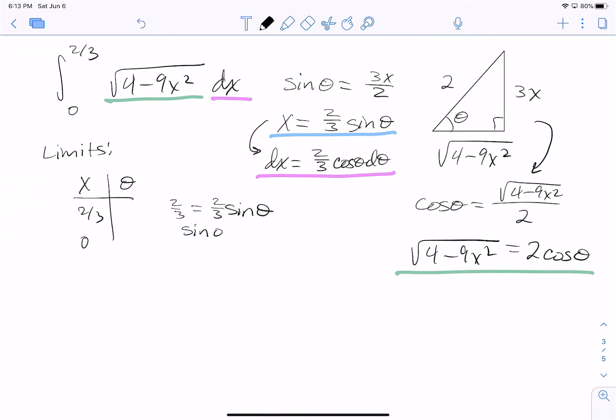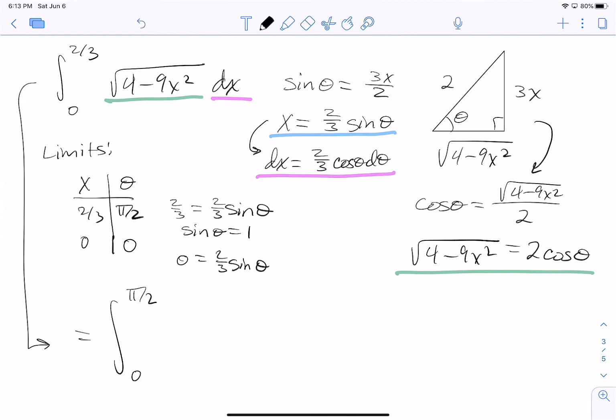Therefore, the sine of theta is equal to 1, and theta must equal pi over 2. If x is 0, then 0 is equal to 2/3 times the sine of theta, and so theta is equal to 0.